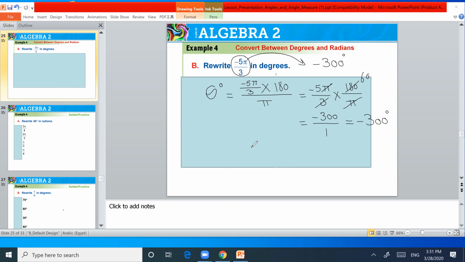As you see, we only have two rules to change from degree to radian or radian to degree. If we want theta degree, 180 is up and theta is down. If we need the radian, pi is up and 180 is down, in order not to confuse. Okay, we will complete by another example.